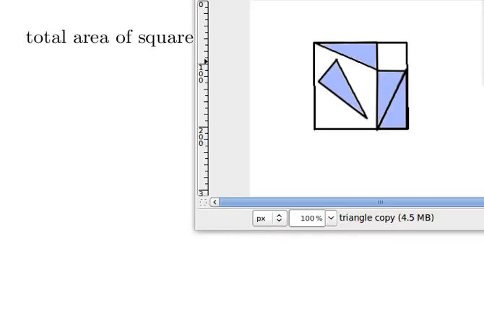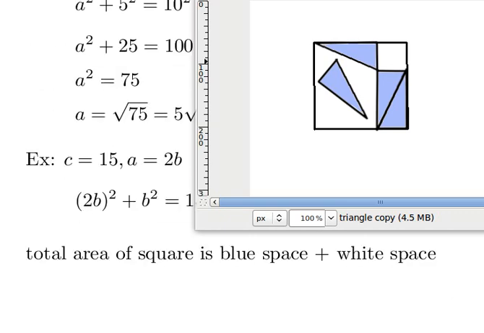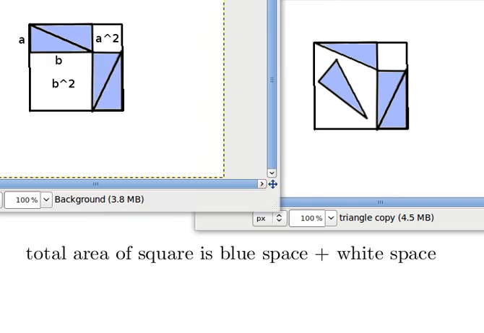Okay, so now let's scroll up on that. Total area of the square is the blue space plus the white space. So no matter how we move these triangles around, they're always going to only take up the same amount of space.